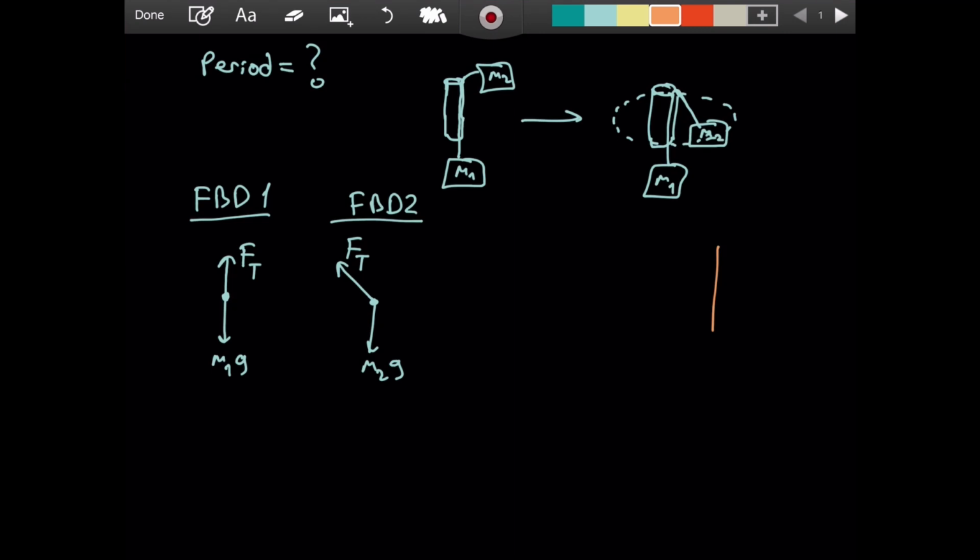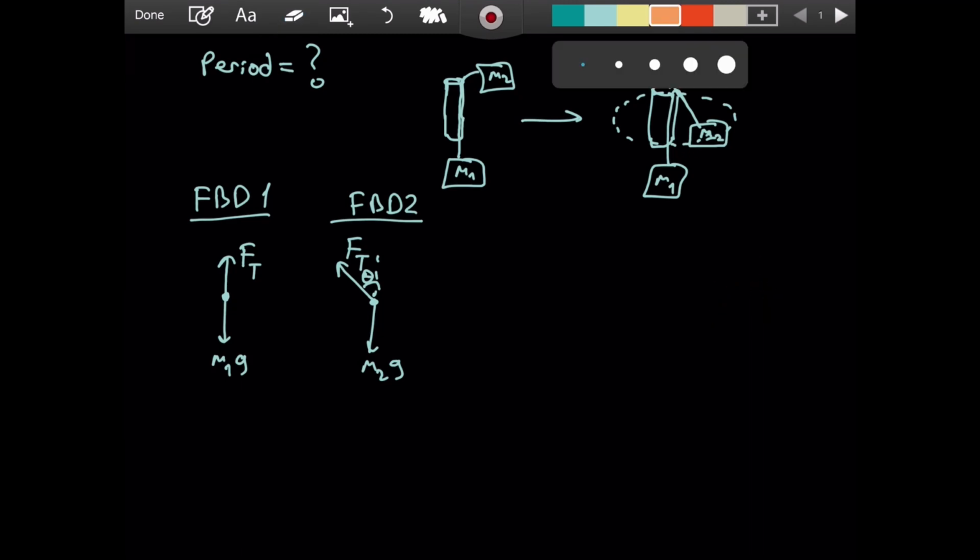So this is the direction, this is the rod, let's say. And then we're going to have the angle here. This is theta, okay? And you can assume that this is like a triangle. And if that is theta, this angle is also theta, so this part is also theta, okay? This is theta. Cool?